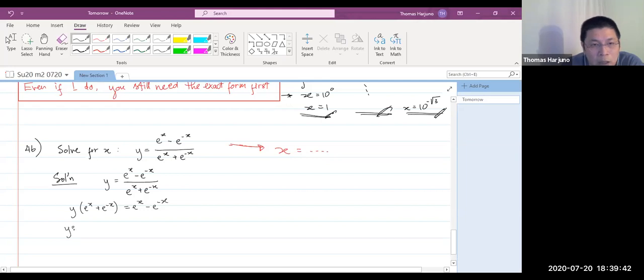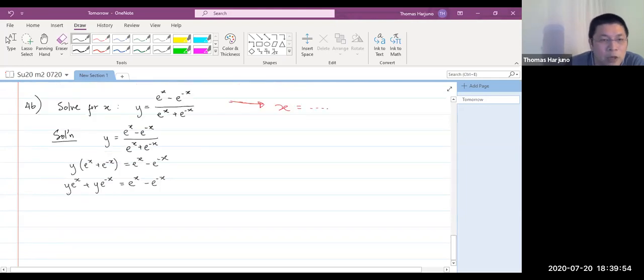It's y e to the x plus y e to the negative x equals e to the x minus e to the negative x. Now, I don't like the negative exponent. Let me make it into over e to the x. So this is plus y over e to the x equals e to the x minus 1 over e to the x.